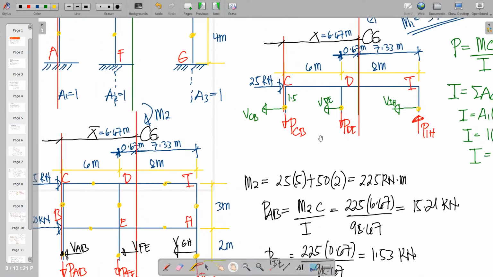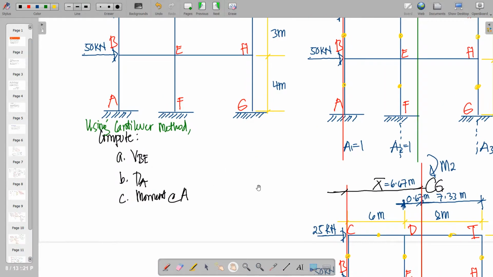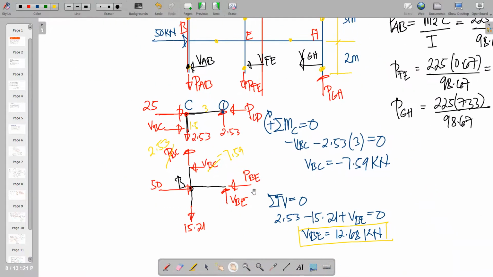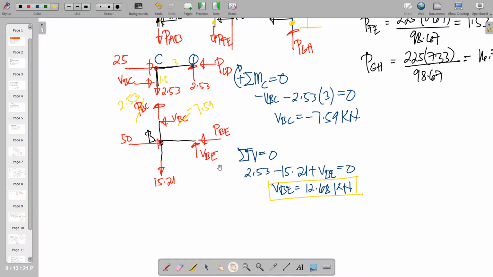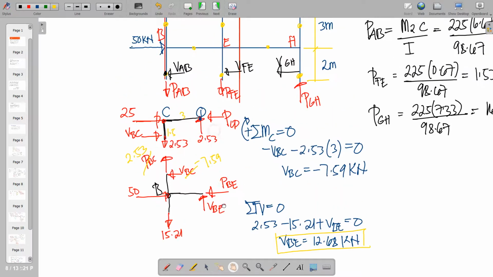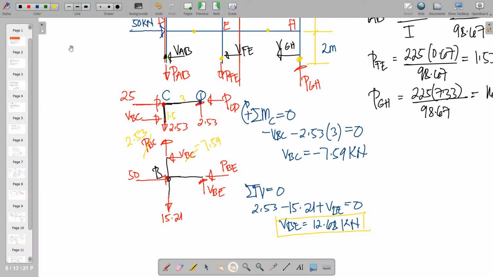Next, RE. So we further go down for RE. So for RE, we need to have this one. Say this is VAB. Okay.